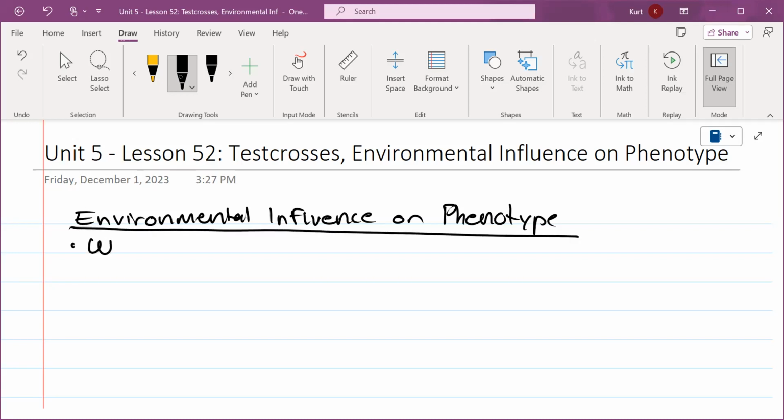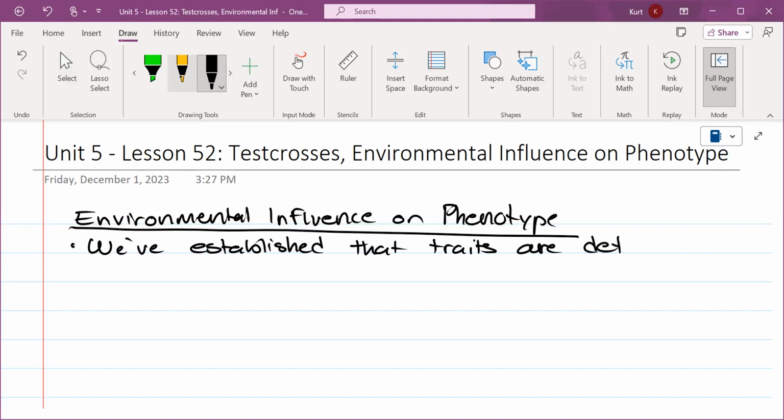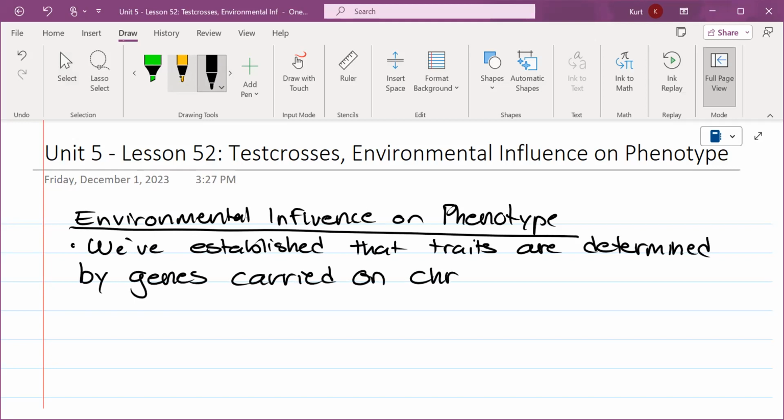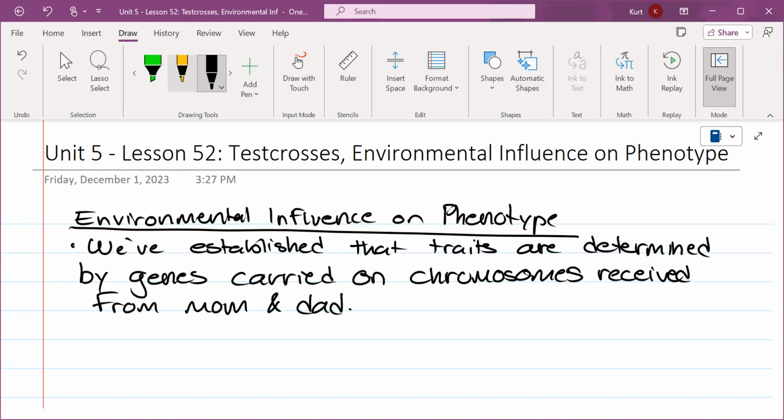So something that we have already established for many weeks now is that traits are determined by genes carried on chromosomes received from mom and dad.